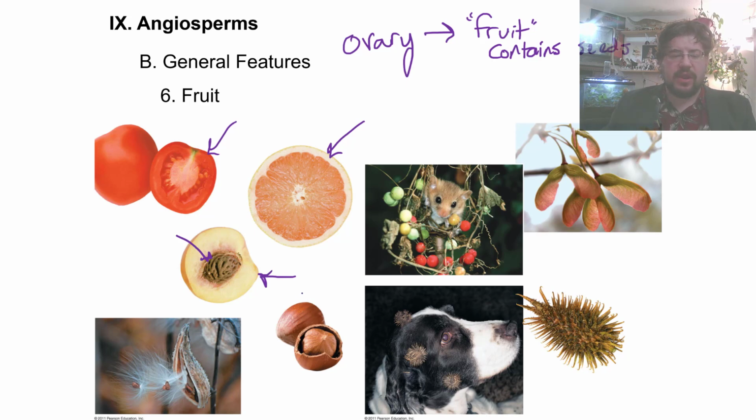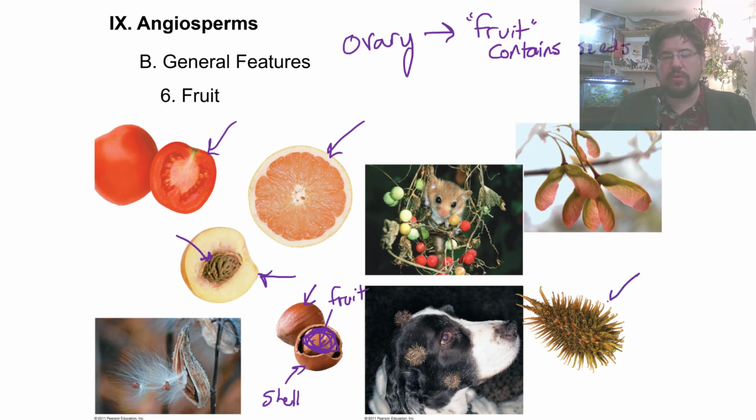The outer covering of a nut is an ovary, right? And then the nut itself is inside a hard shell, right? We have a shell protecting the nut, which is the fruit derived from the ovary.